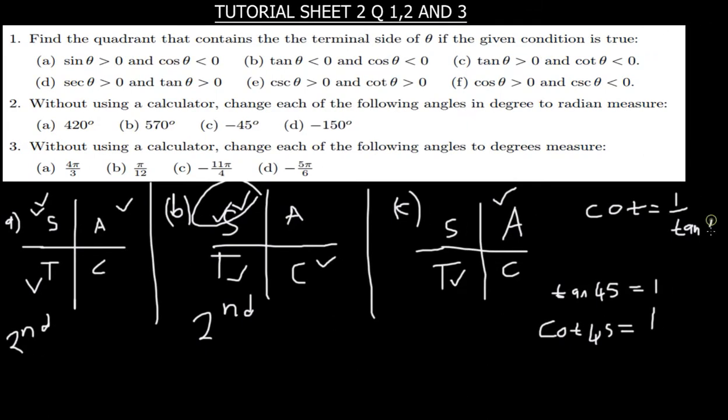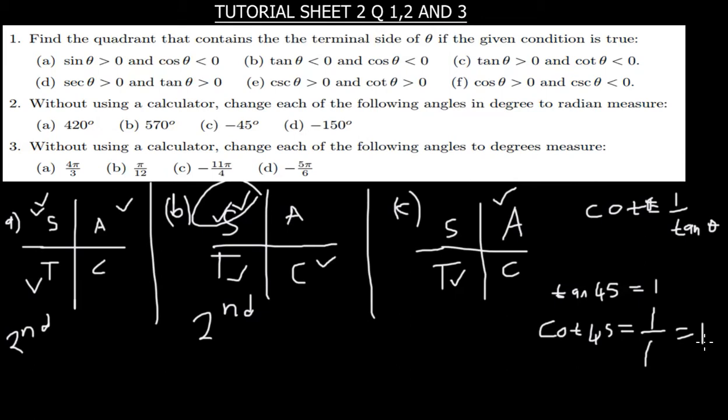So this is tan theta this side, then this is cot theta. So it's going to be 1 over tan theta. So 1 over tan 45, we know that tan 45 is 1. So 1 over tan 45 is just the same as 1 over 1, which will still give you a positive number 1. If the answer for tan 45 was a negative number, the answer here would still have been a negative number.